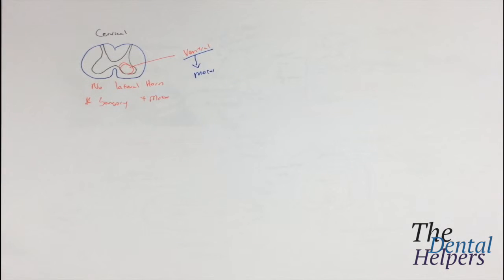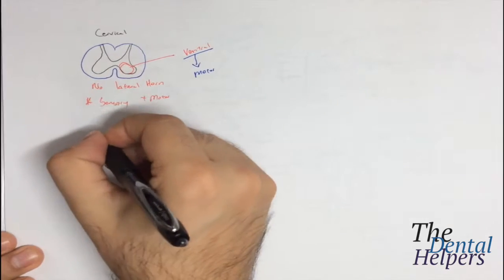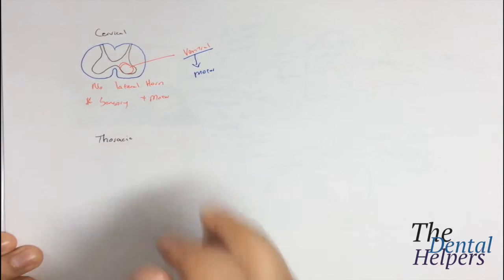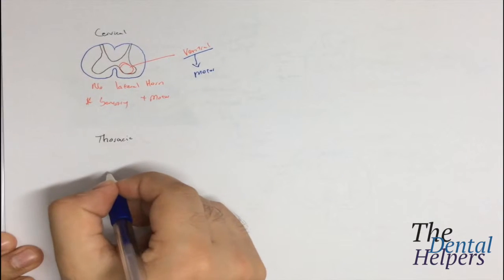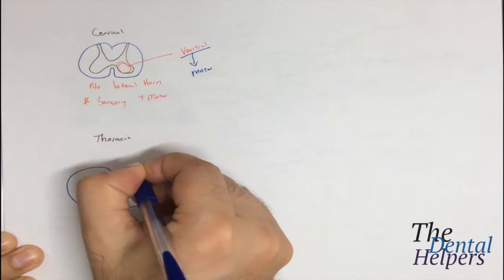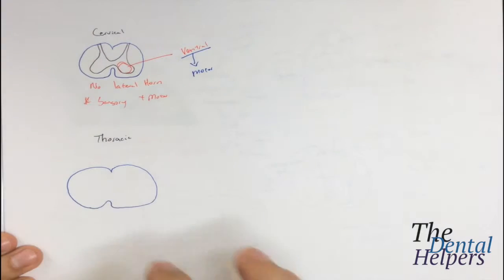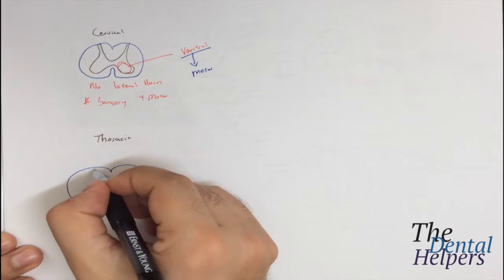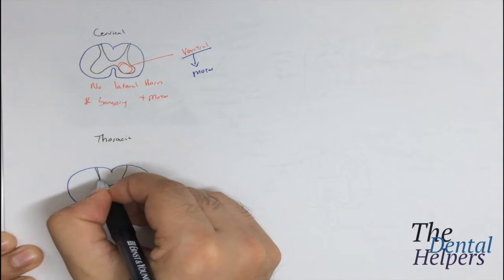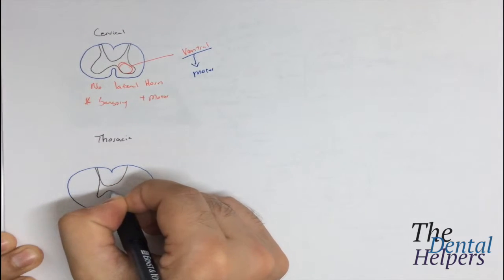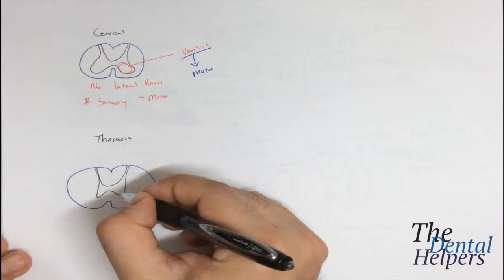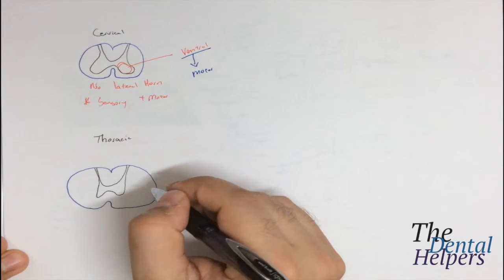So let's make our way to the thoracic. So now we're looking at the thoracic. And so now in the thoracic, we're going to see a little bit of a difference. So as you see, the ventral horn is significantly smaller now. So this is more cylindrical.